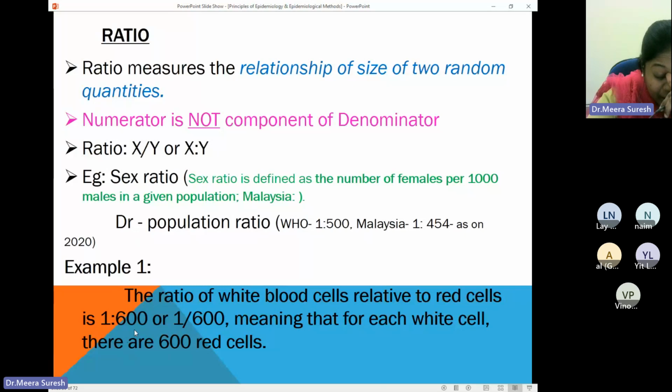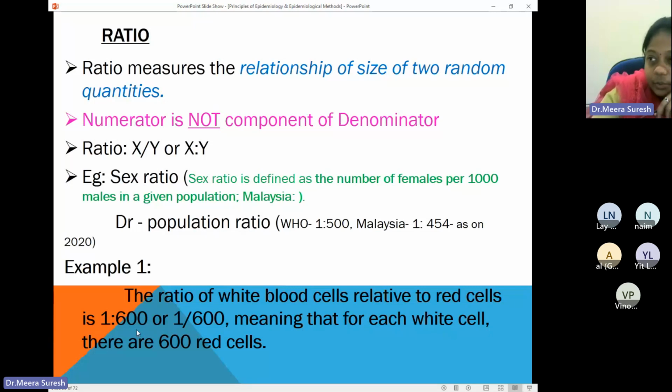When you go for the total number, the RBC count is in millions per cubic mm of blood, generally 4.5 to 5 in females, and in males up to 5.5, I think.